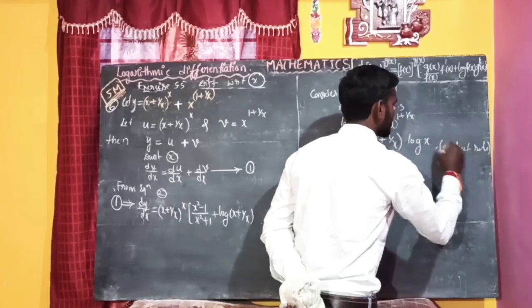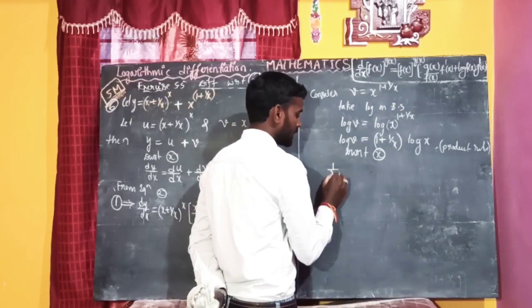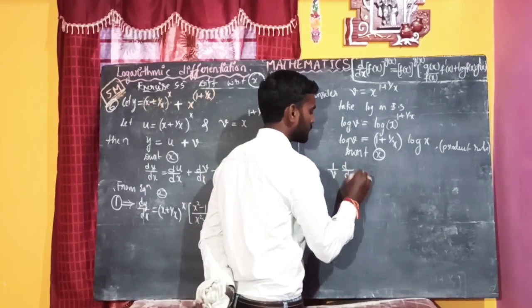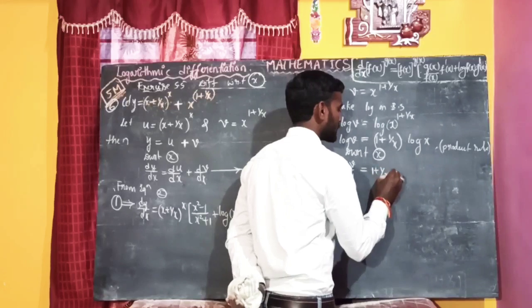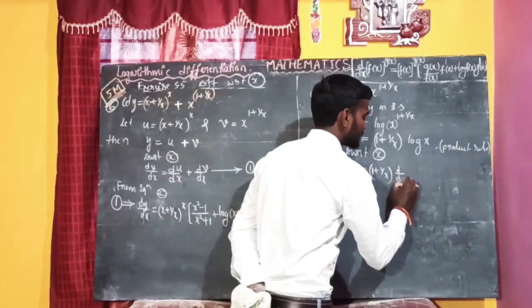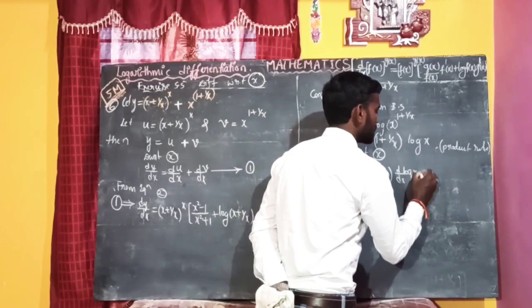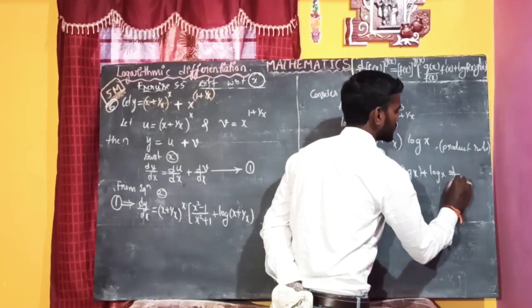By the product rule, this can be written as: the derivative of log v is 1 by v into d by dx of v, equal to the first function, 1 plus 1 by x, into d by dx of the second function, plus the second function, log x, into d by dx of the first function.